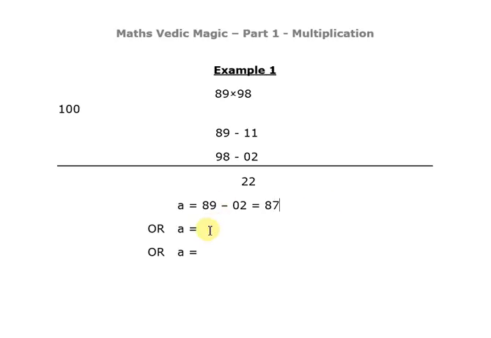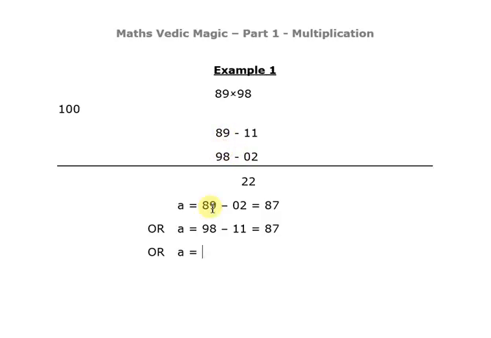Option 2, to get the left side portion, is again a subtraction, but in this case bottom left minus top right. So it is 98 minus 11, which again gives us 87. Or the third option is the vertical sum of the left side numbers minus the base.